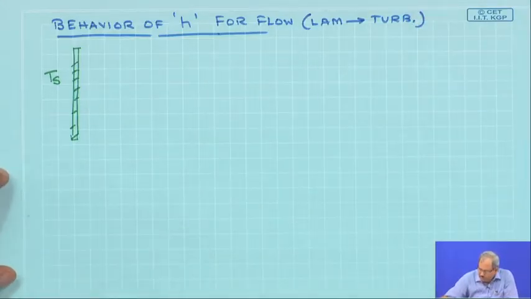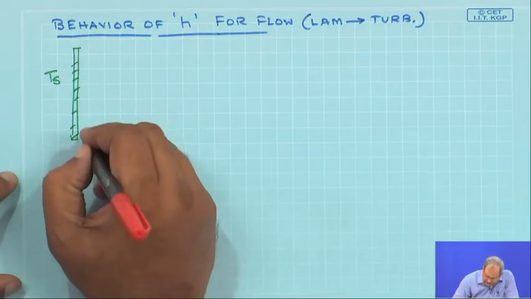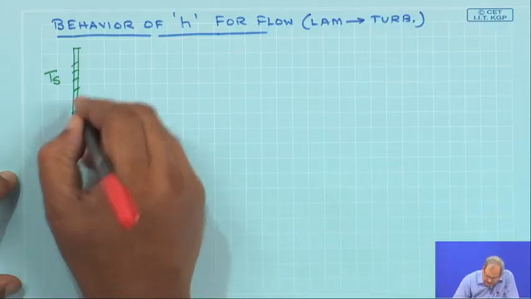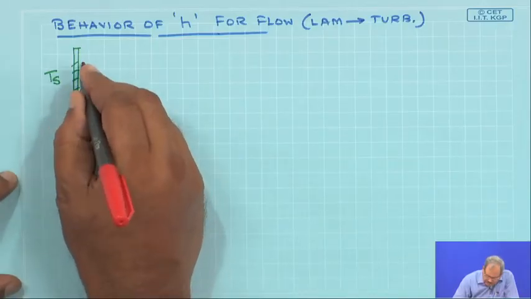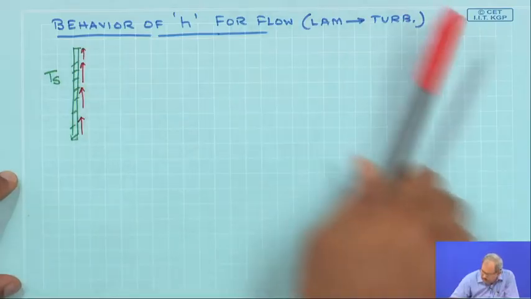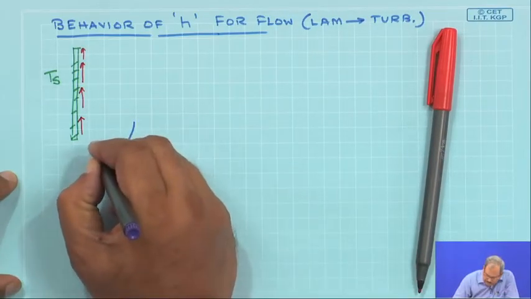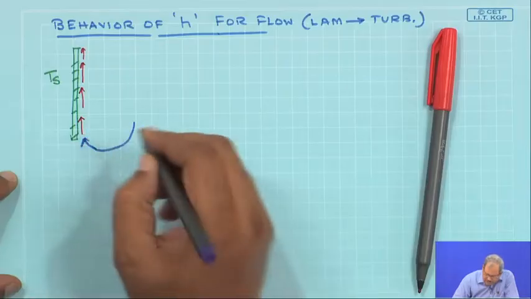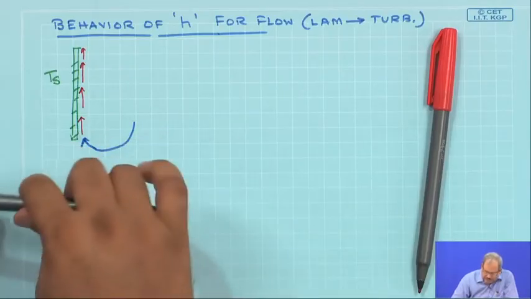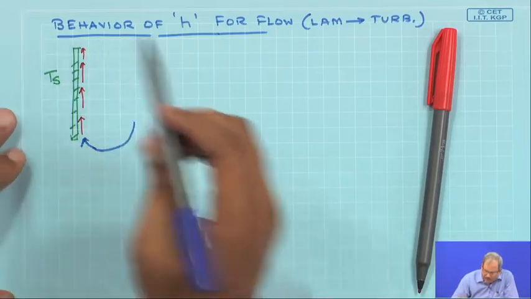So, the air in here is going to get heated and will start to rise towards the top, and cold air is going to come in like this, replacing the air which is moving up along the plate.